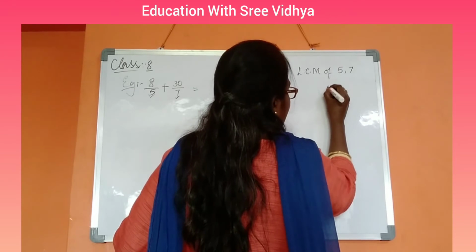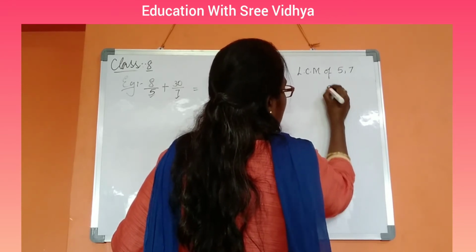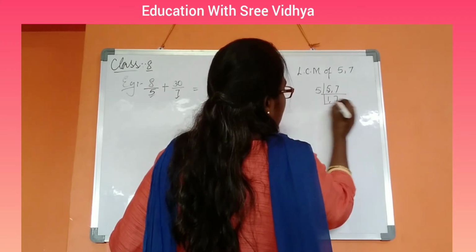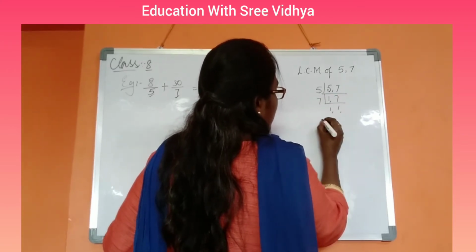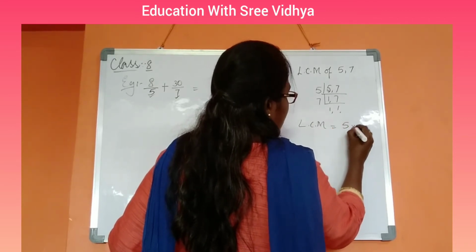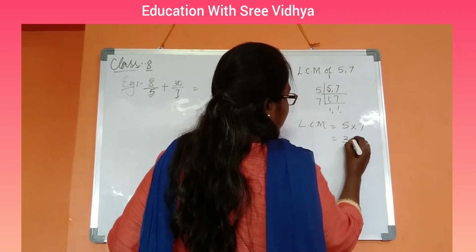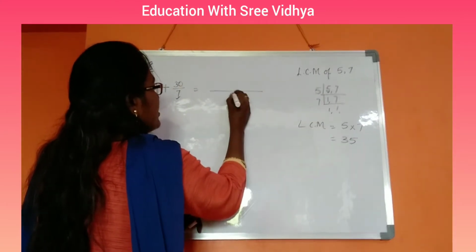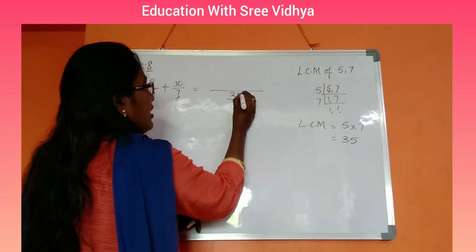Directly we can write, LCM is equal to 5 into 7, 35. So the LCM of 5 and 7 is 35.